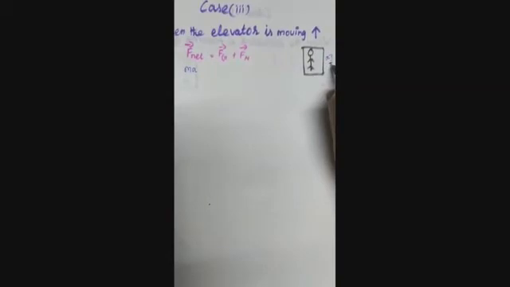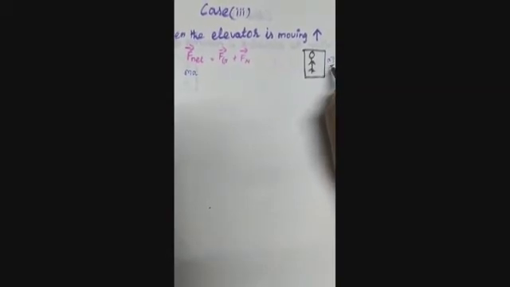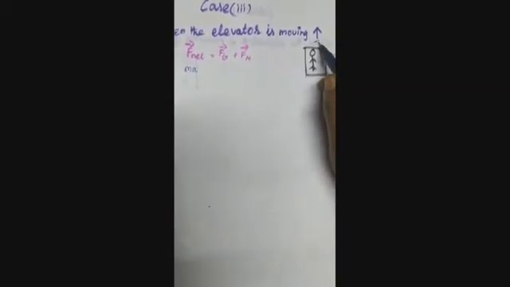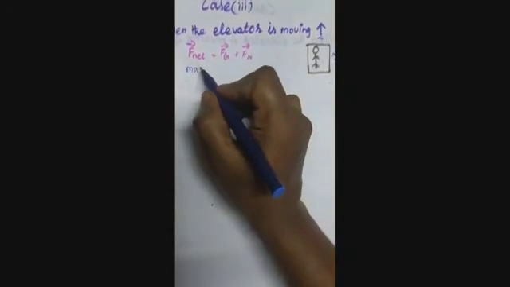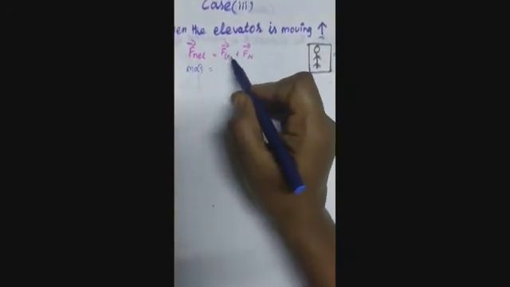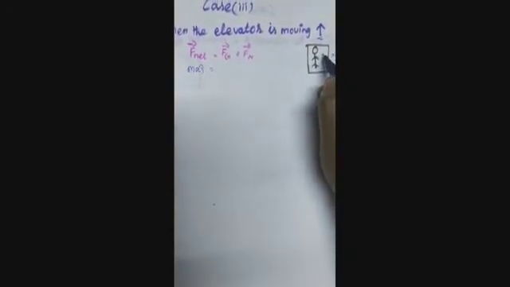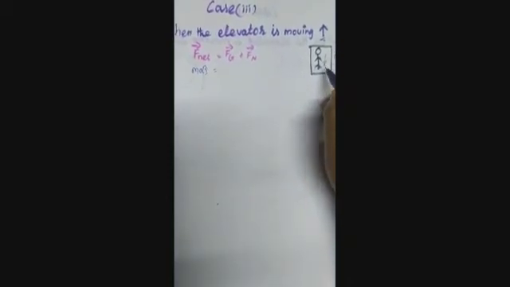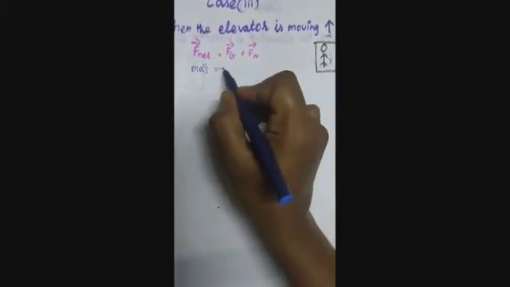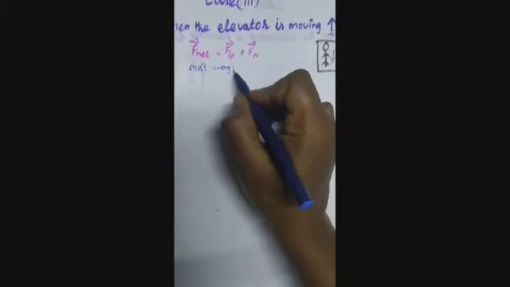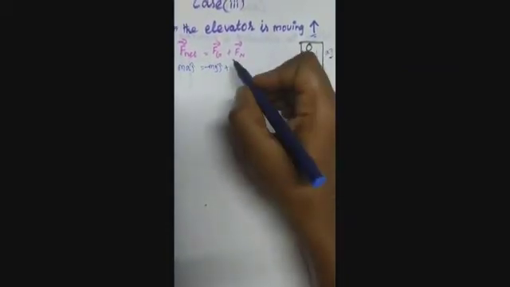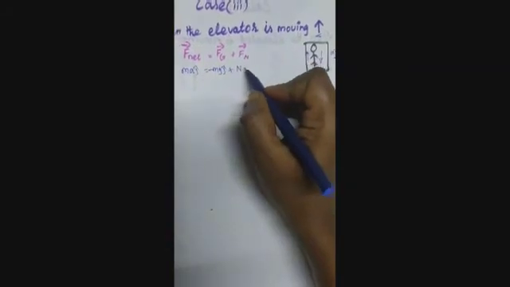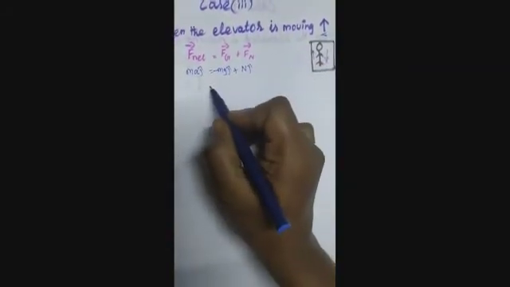So m a j cap is equal to the gravitational force, which acts downward, minus mg j cap, plus the normal force in the upward direction, N j cap.